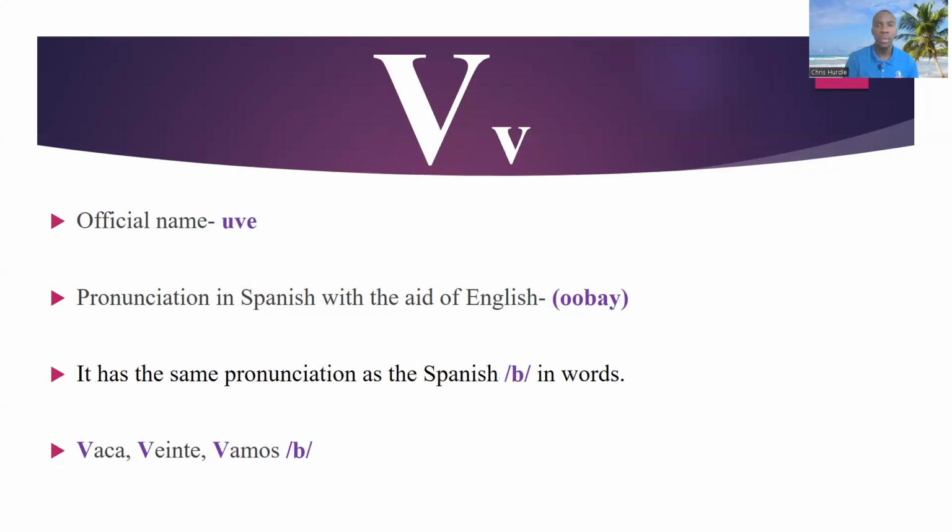V, uve. In other parts of the Spanish-speaking world, the V is actually called other names, but the Royal Spanish Academy recommends uve. But it is worth noting that the Spanish V is pronounced just like the Spanish B in words.